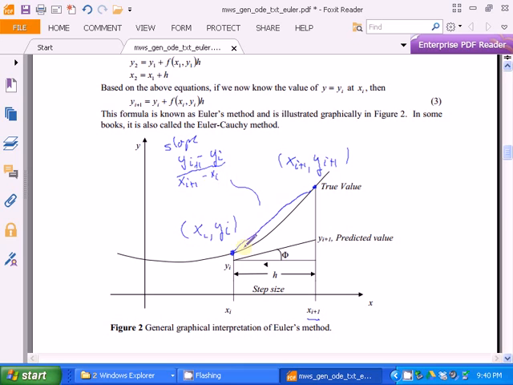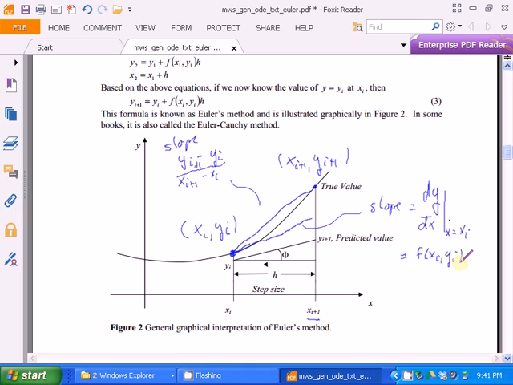And then here's the tangent line. It didn't work out somehow. The tangent line should be like this. It should be something like that. And the slope of this is equal to dy/dx evaluated at the point x equal xi, and that's equal to f(xi, yi).